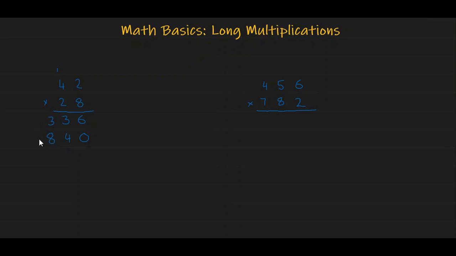Then you simply add the two numbers to get the answer. 6 plus 0, 6. 4 plus 3, 7. 8 plus 3, 11. So your answer is 1176.